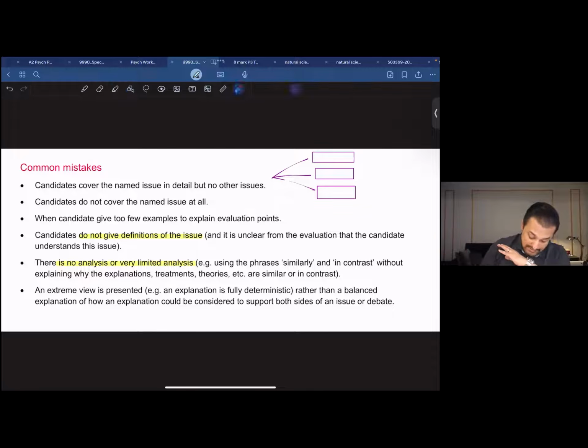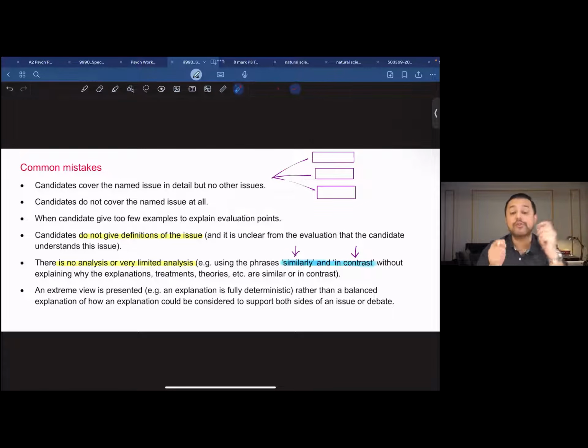Now, taking this ahead, there is no analysis or very limited analysis. Example, using the phrases similarly and in contrast, without explaining why the explanation, treatment, theories, etc. are similar or in contrast. Now, as we speak about analysis over here, many students, they'd try playing smart. They'd very conveniently try using these phrases such as similarly and in contrast, right?